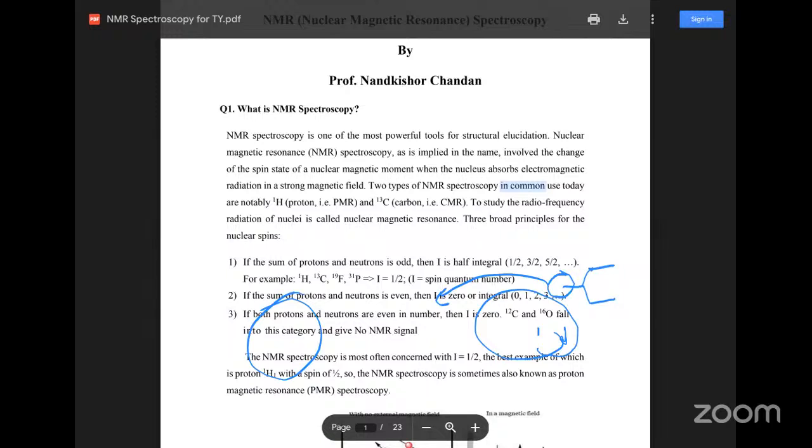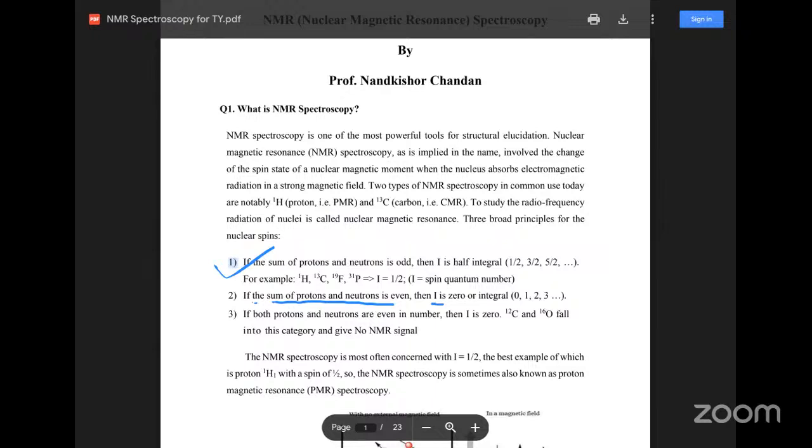Mostly the nuclei which have half integral spin are NMR active. So this first point is very important. If the sum of the protons and neutrons is even, the spin quantum number will be an integer, 0, 1, 2, 3.